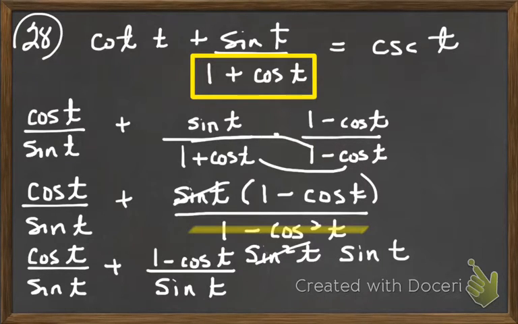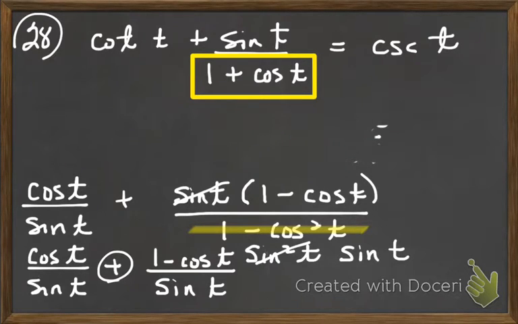Now, we're adding two fractions, and you can only add or subtract fractions if you have a common denominator, and we do have a common denominator, so we're going to add those two fractions together. So we'll just write that as one fraction with a common denominator of sine.